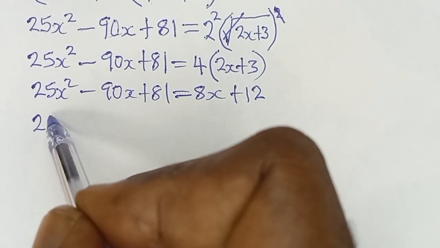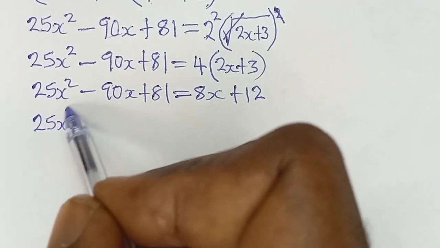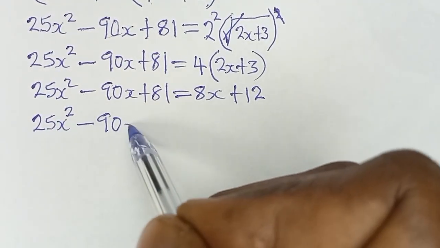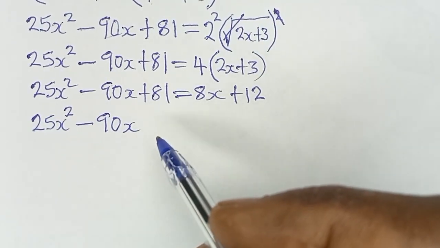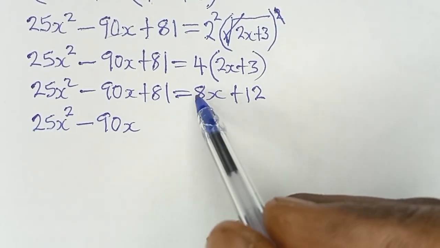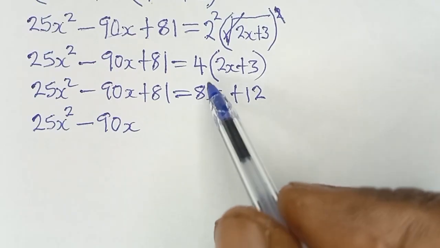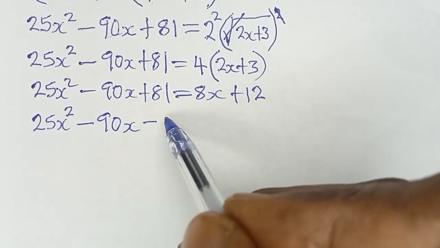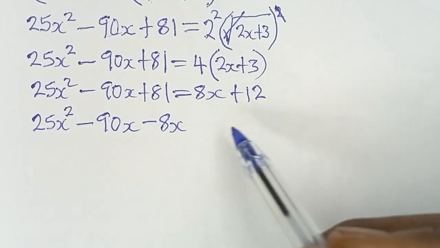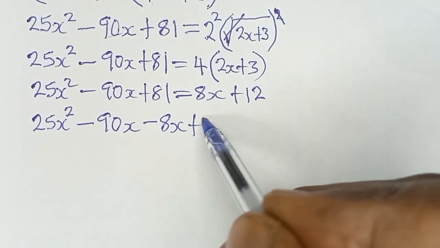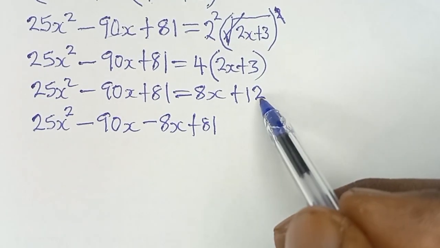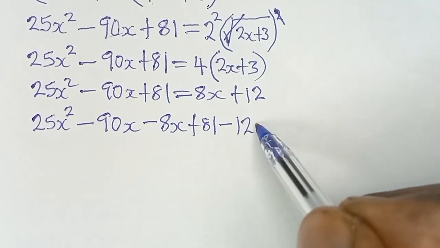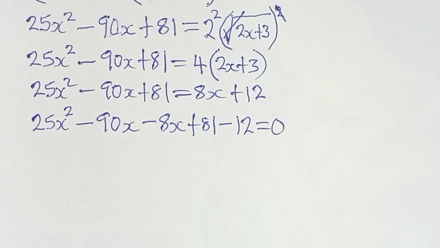So I can simply write 25x squared minus 90x, and then this positive 8x, when it comes to this side, it becomes negative 8x. And then this is plus 81. This positive 12, if it comes to this side, it becomes negative 12. And that will be equal to 0.